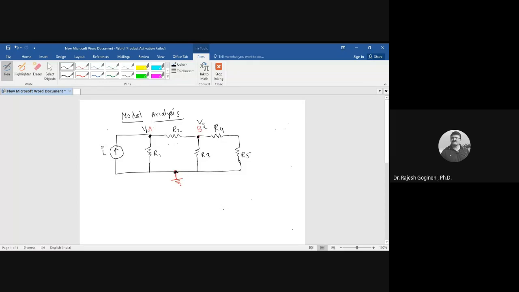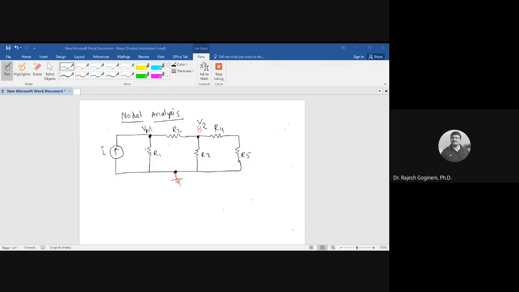Take a reference node, just for our reference purpose, because we are calculating, that means to find out the voltage, we assume the voltages. V1 is the voltage at node 1. But what is the voltage? Voltage is nothing but the potential difference between 2 points. So what is the other point? The other point is the reference node. That means with respect to the reference node, the voltage at node A is V1. Is it clear for everyone?